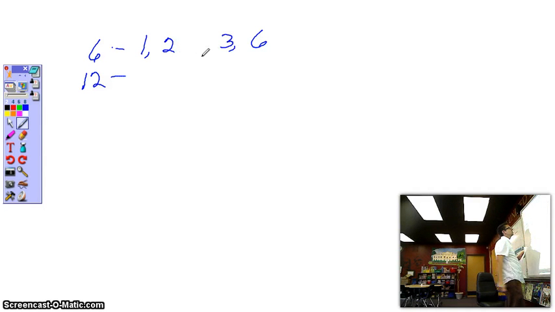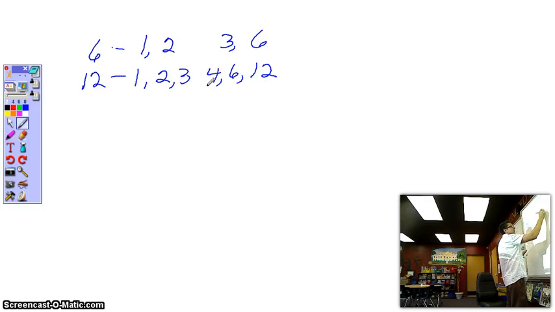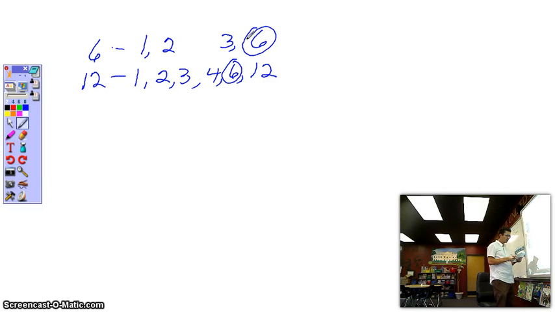There is no number between 2 and 3, so those are all the factors of 6. We just did the factors of 12. Alright, and then the greatest number that can be found in both lists, of course, would be 6. So the greatest common factor of 6 and 12 is 6.